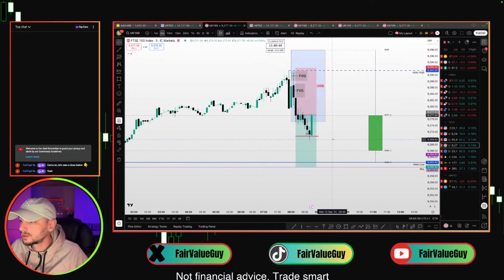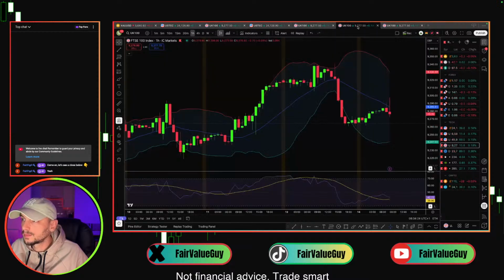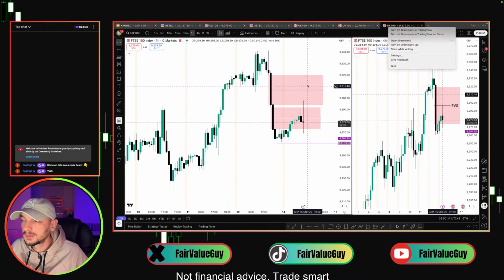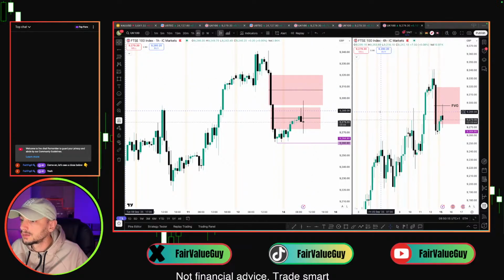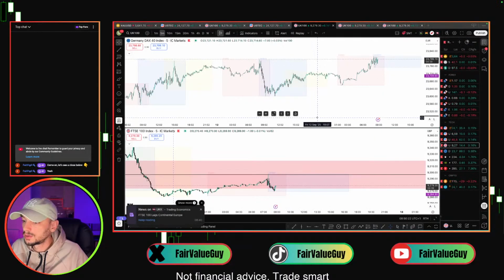Accumulation, manipulation, distribution. Yeah, it could be a buy now from here. Yeah, we start flipping this candle as well. We don't want to be in this trade anymore.